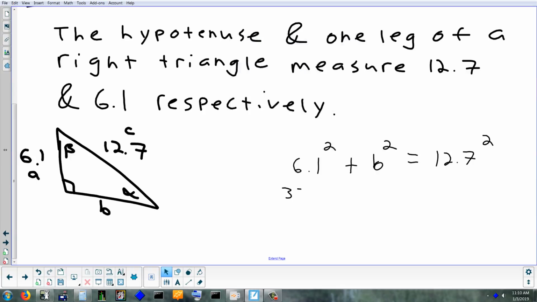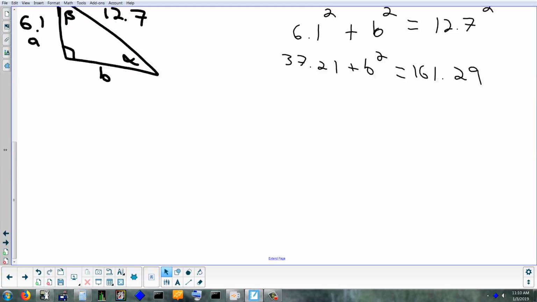37.21 plus b squared. How about 12.7 squared? Does anyone have that? 161.29. All right, so now from that, can someone subtract 37.21? Yep. 124.08.